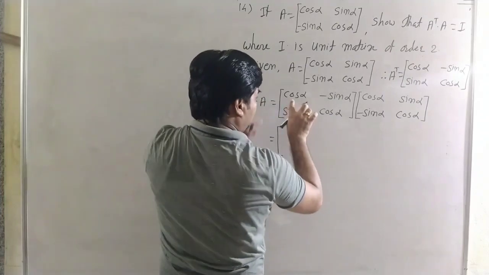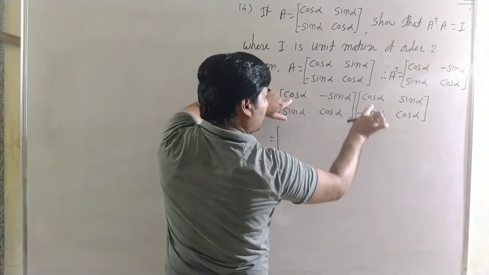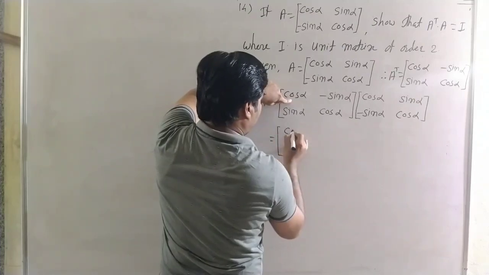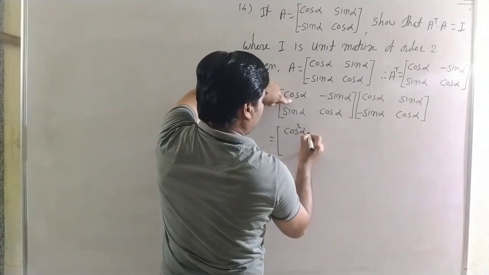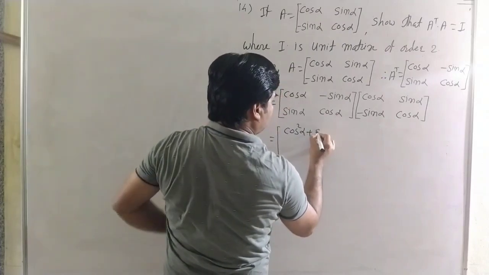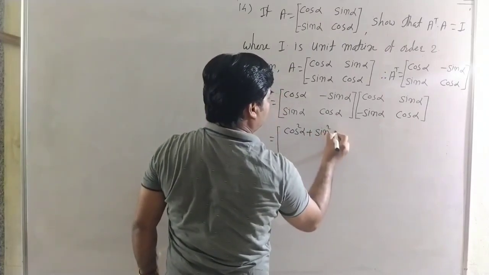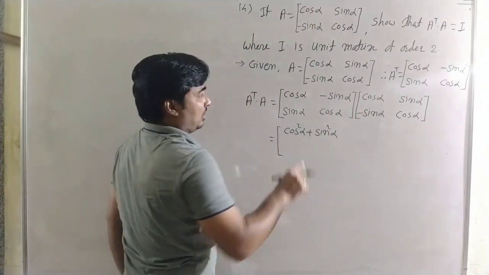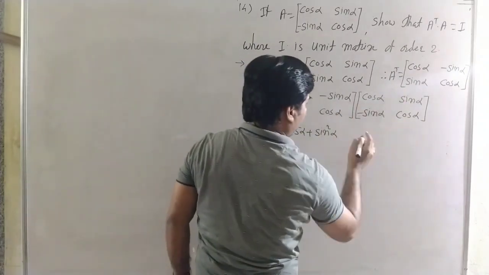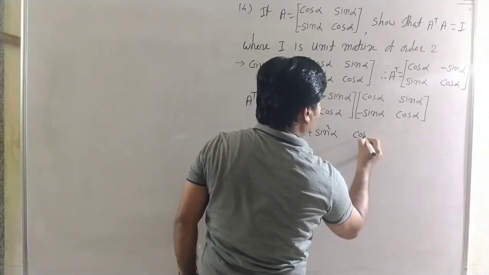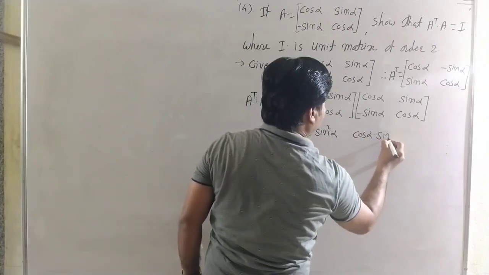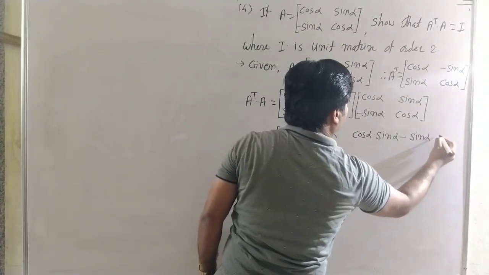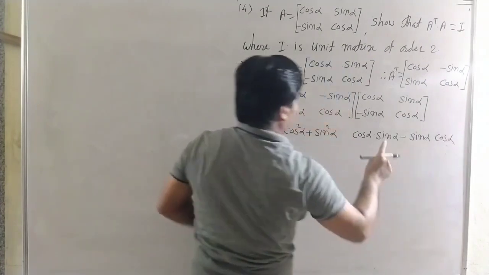Okay, in the first row first element it is cos alpha, in the first column first element it is cos alpha. Therefore here we can write cos square alpha plus sin square alpha, because it is minus sin alpha, it is plus sin square alpha. Then first row second column, cos alpha into sin alpha minus sin alpha into cos alpha.